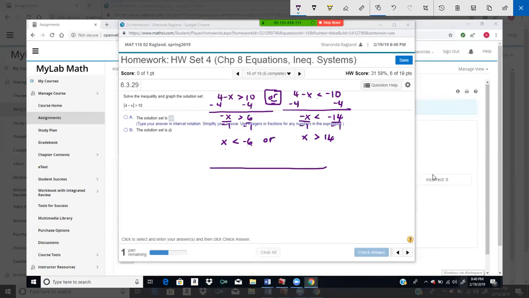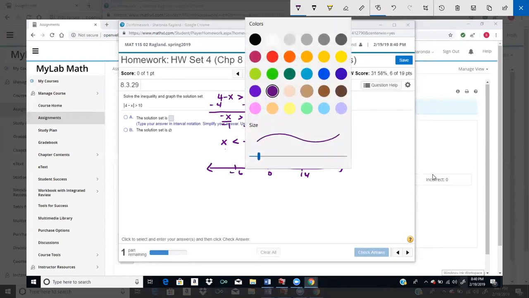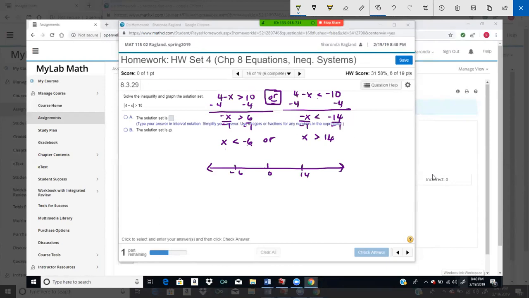So let's look at that. We got 0 here, we got 14 here, and negative 6 here. So let me get another color. We have x is less than negative 6. So we know that's going to the left, open at negative 6, and then shade it to the left. x greater than 14, open at 14, going to the right.